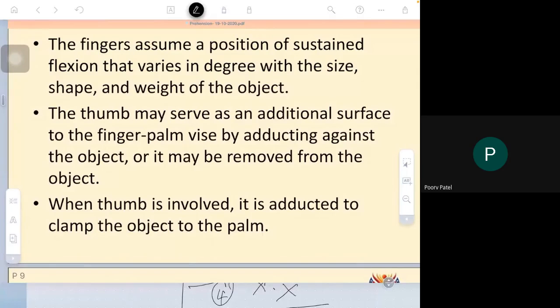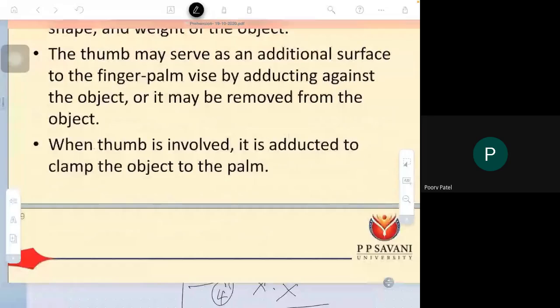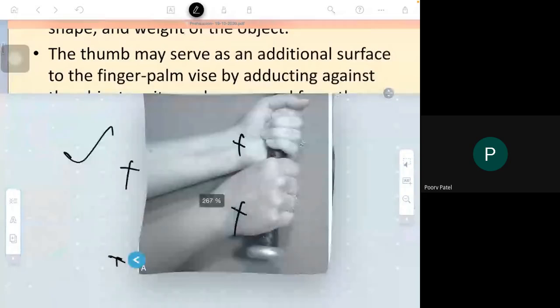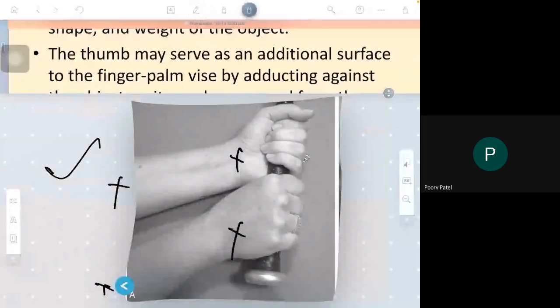Or it will stabilize, or it will give additional support to the object. Clear? If thumb is involved, we are talking about this example.